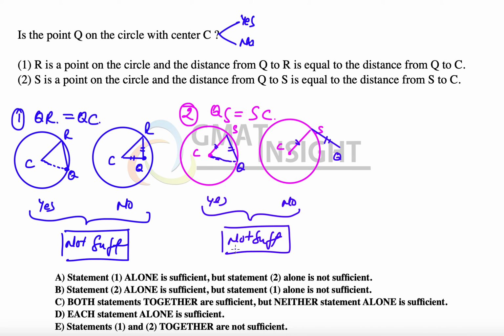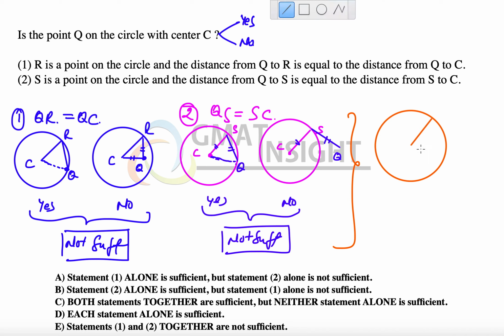We have proven that the first and second statements are not sufficient, so now the third stage is to combine the two statements. We can see that one case is common to both statements that we have drawn, which is considering point Q on the circumference and drawing an equilateral triangle with points R, C, Q. Let me quickly draw one figure which gives the answer yes, and then we will think about the second possibility.